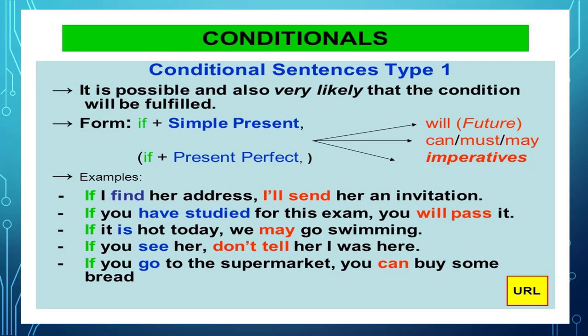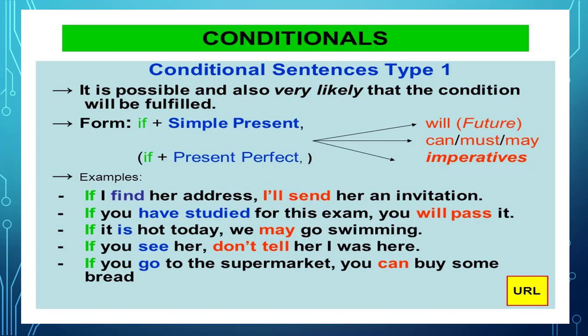And here we have the first conditional, okay? It is possible to do something, and this something is very likely to be fulfilled, okay?